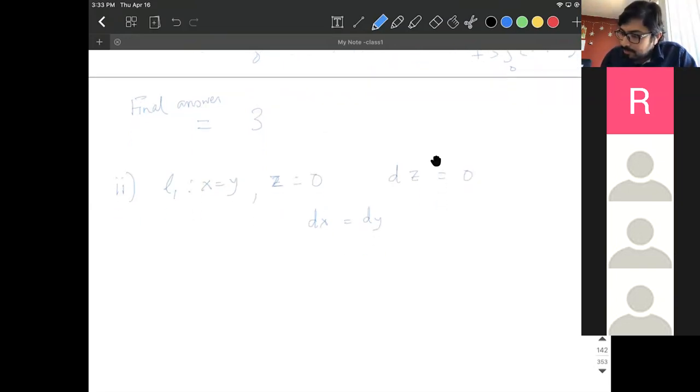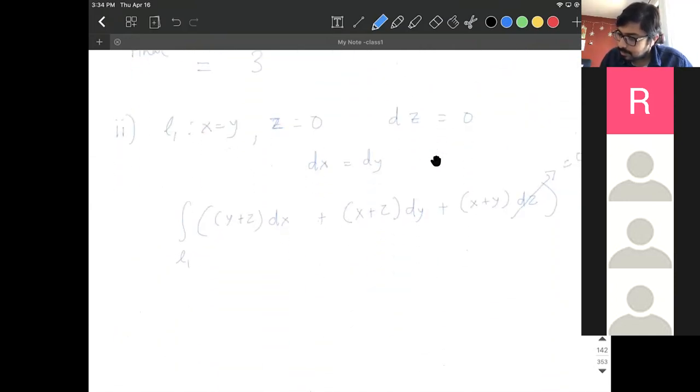Now, if you integrate on L1 this function, this was what we want to integrate, y plus z dx plus x plus z dy plus x plus y dz. Right? Now, dz is 0 on L1.